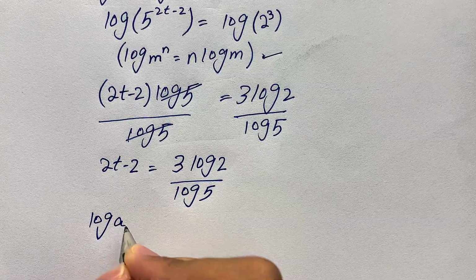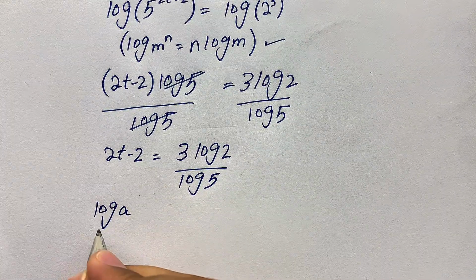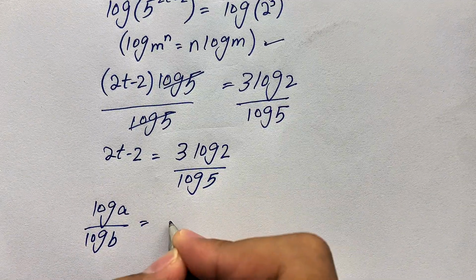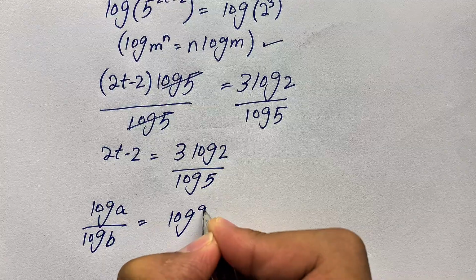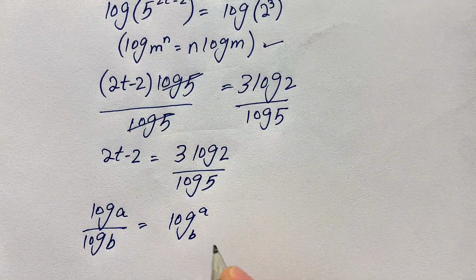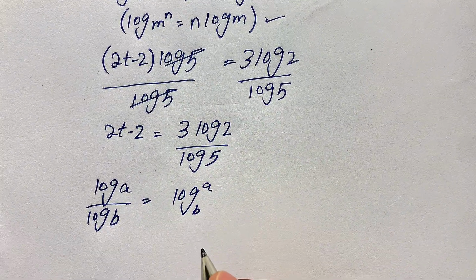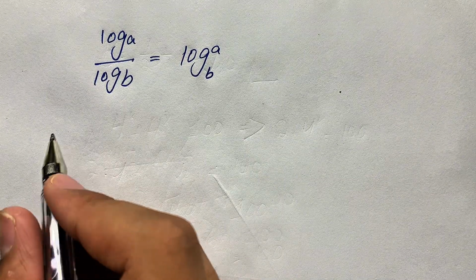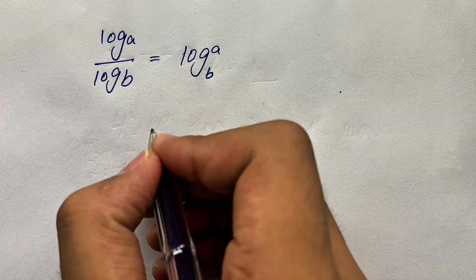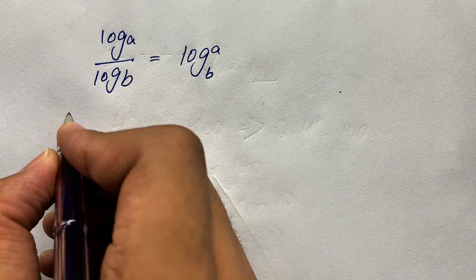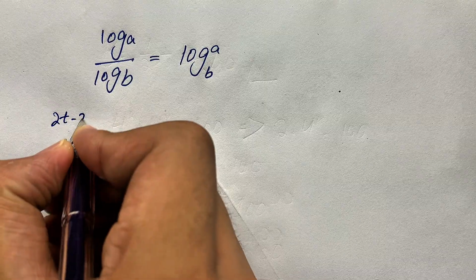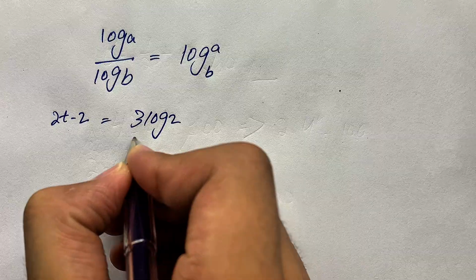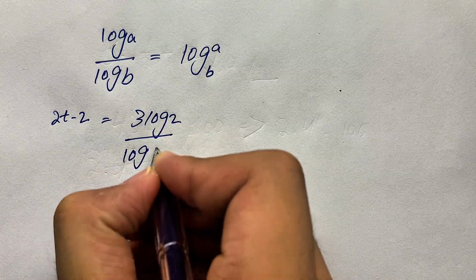Log of a divided by log of b is equal to log of a base b. Now we use this formula in the equation. Our equation is 2t minus 2 is equal to 3 log of 2 divided by log of 5.